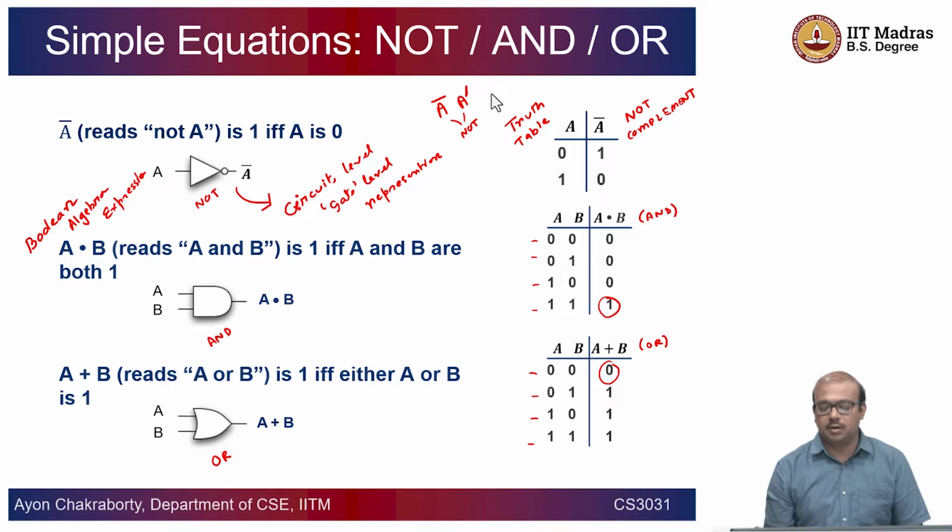Depending on which book you are studying, there could be minor differences, but typically they will mention in the beginning of the chapter what nomenclature they are using for indicating NOT. Okay, so dot is typically AND and plus is typically OR. These are the three simple Boolean algebra operators to start with.